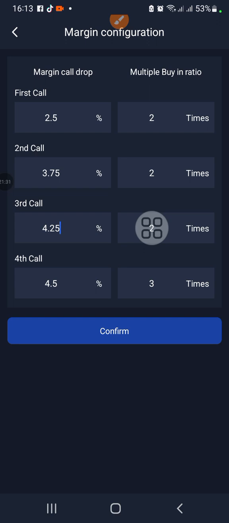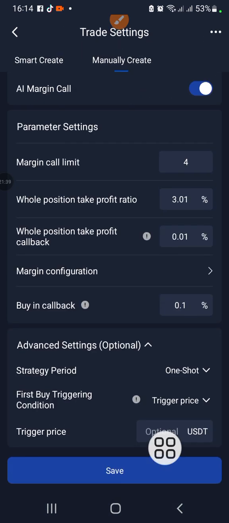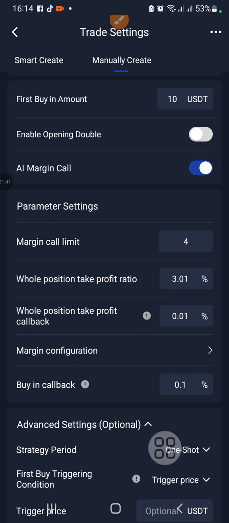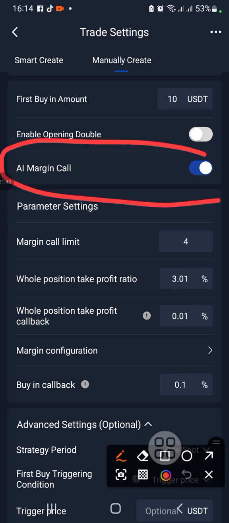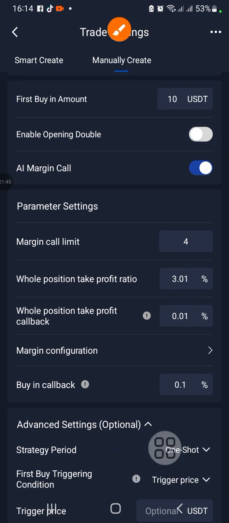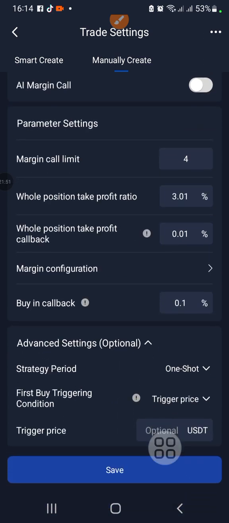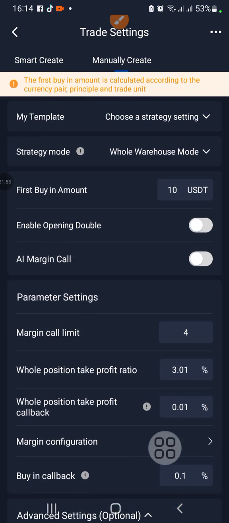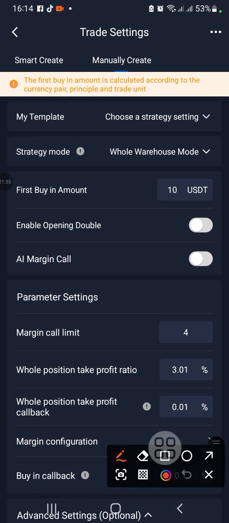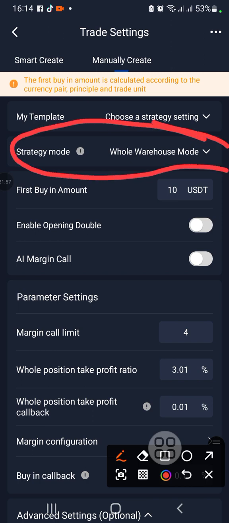So at the back, when you're setting up trades, at the back of your mind you should always know what you really want. So from here I can say confirm. Here I can switch off the AI margin call because my drops are already okay. So when we come here after doing all that, I want you to understand that I leave the strategy mode in whole warehouse mode.